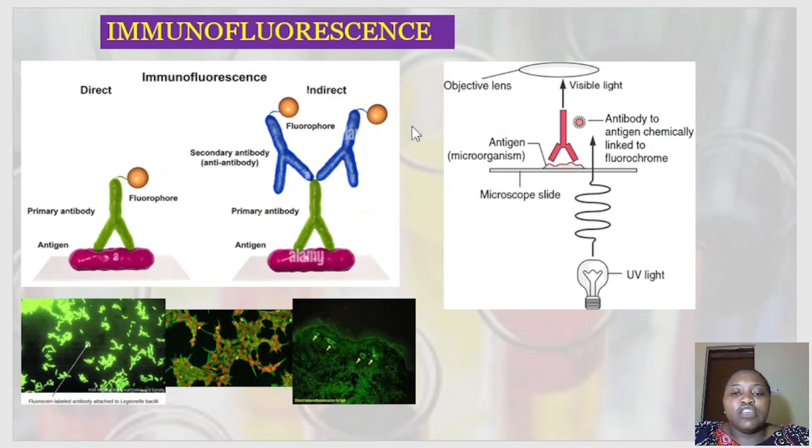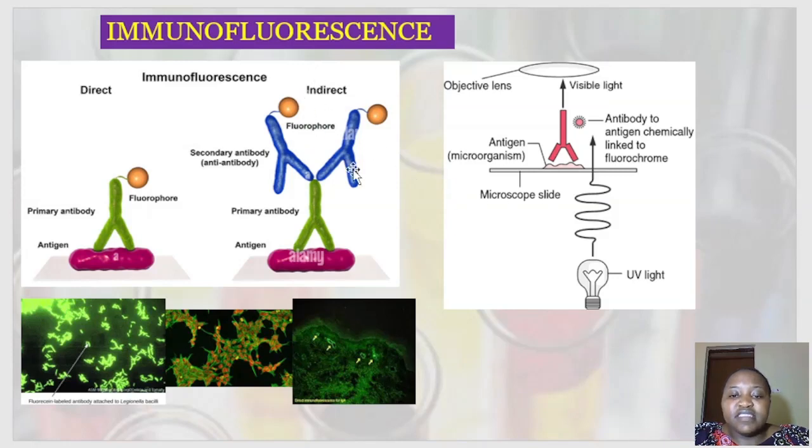This is actually what I have somehow said: immunofluorescence is where the antibody, whether direct, where you just have one antibody targeting a certain antigen bound to a fluorophore, or indirect, where we have the antigen, the primary antibody, and then secondary antibodies against the first antibody bound to a fluorophore.